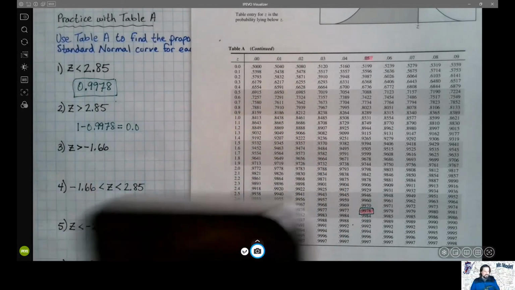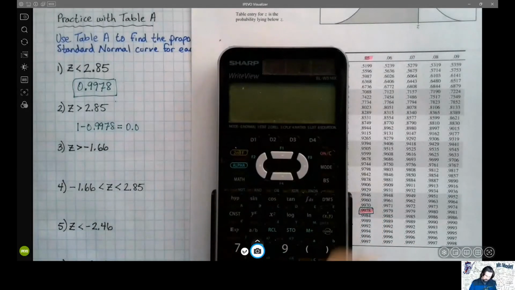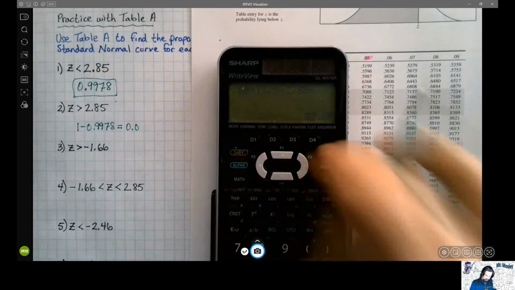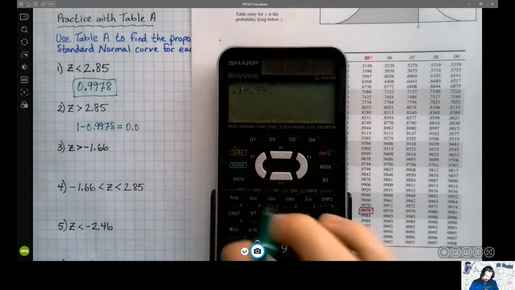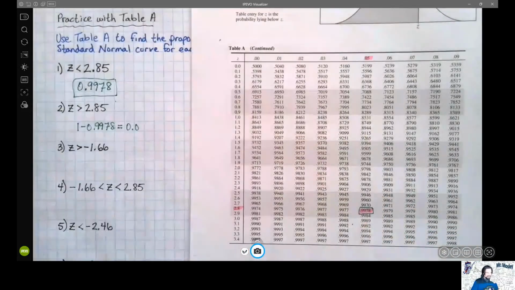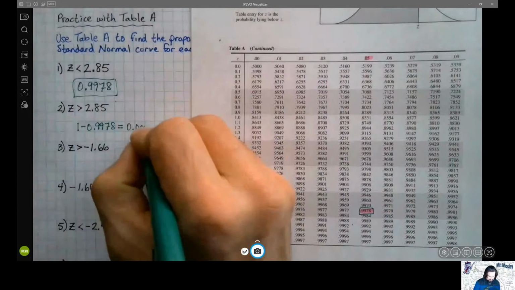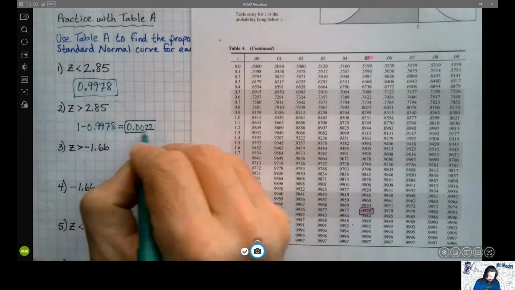I don't want to do this in my head and do it wrong. 1 minus 0.9978, turn it on, it helps. And that will be 0.0022. That makes sense. And again, we're done.